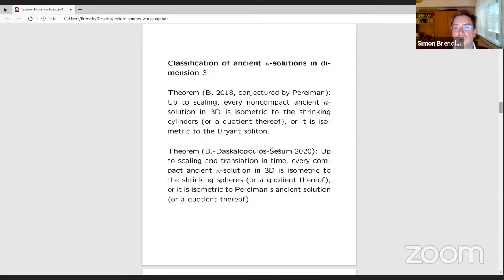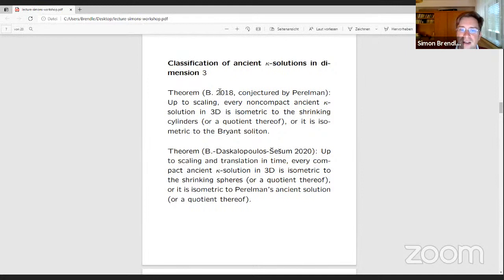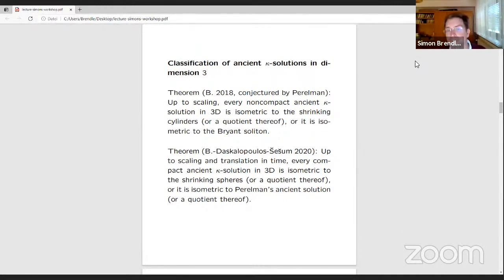And so this is a conjecture I proved back in 2018. So up to scaling and pullback by diffeomorphisms, every non-compact ancient kappa solution in 3D must be either the family of shrinking cylinders or a quotient of that, or else it has to be the Bryant soliton.